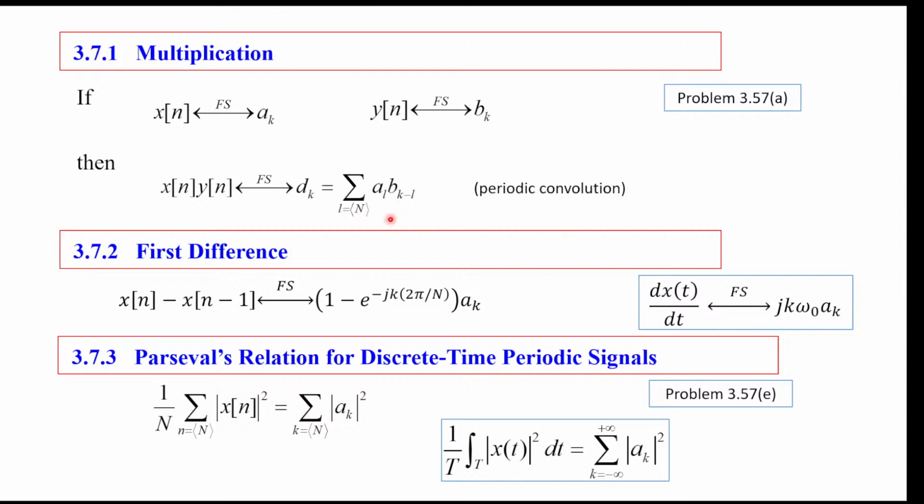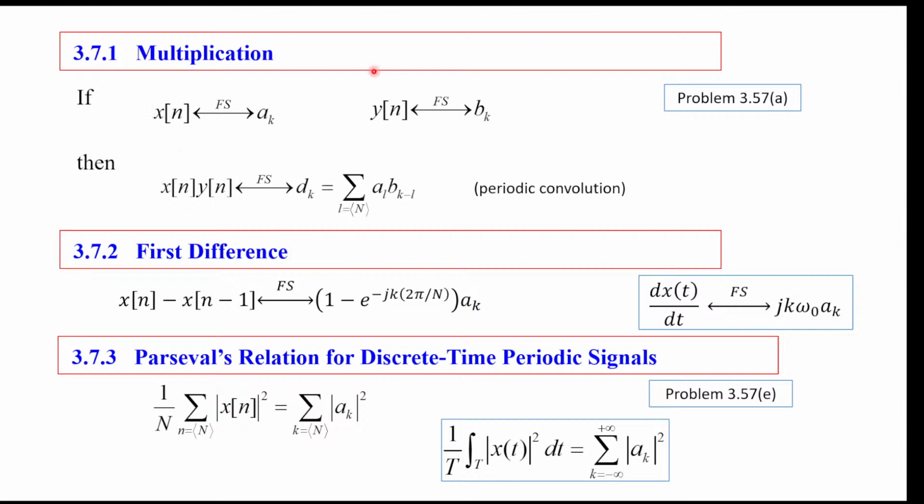This is a convolution of two periodic signals, because we know ak is periodic with period big N, and bk is periodic with period big N, so the convolution of those two periodic signals is this summation over one period of al times b k minus l. Okay? And this is consistent with what we said before.